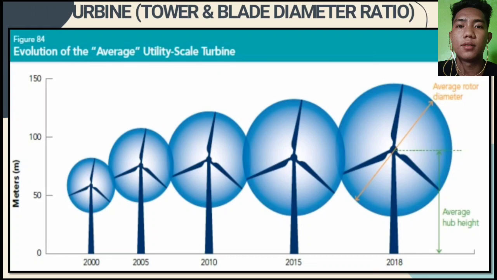Noong 2010 naman, ang height is 80 meter, diameter is 84. So noong 2015, height niya is 82 meter, diameter niya is 102 meter. So 2018, ang height niya is 80 and ang diameter niya is 116.